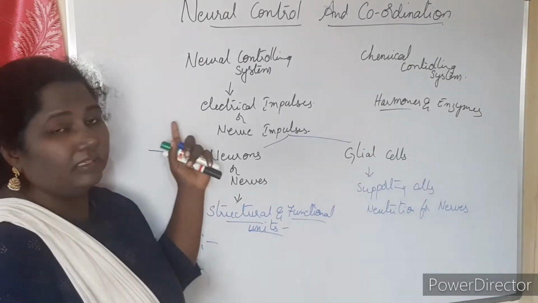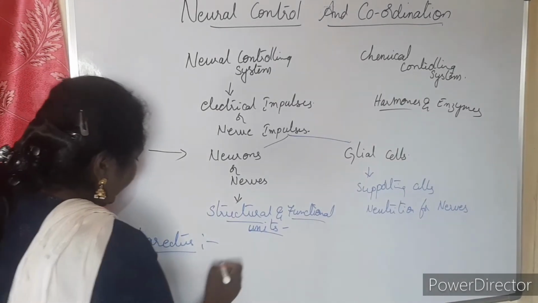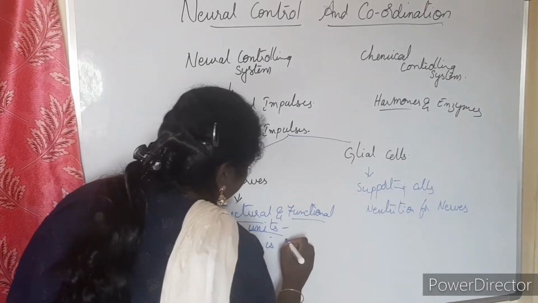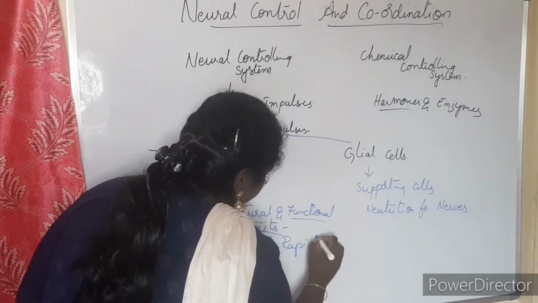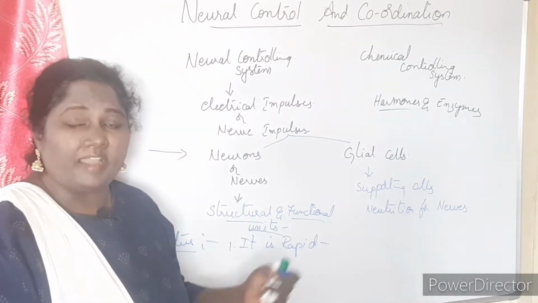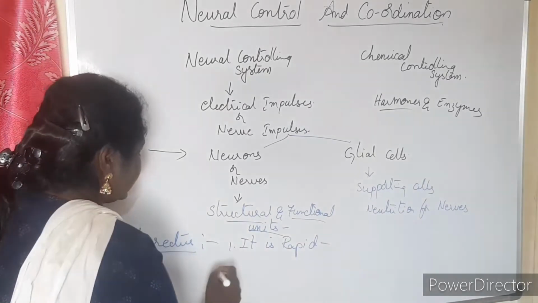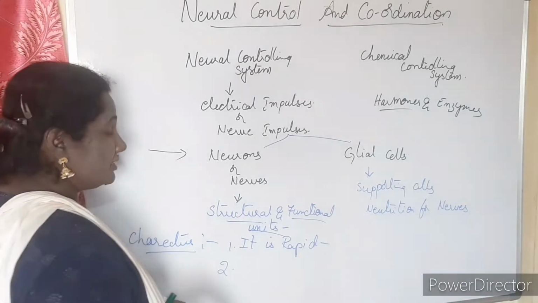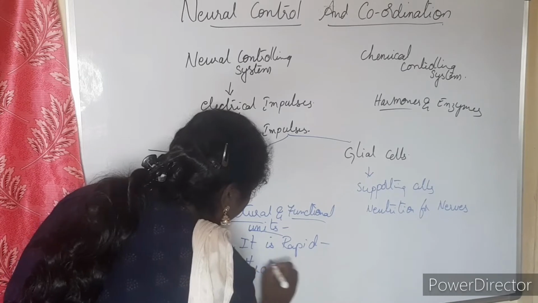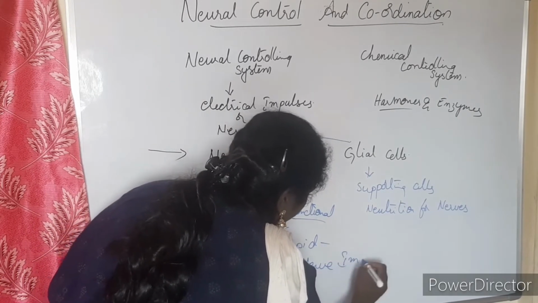Coming to the neural system, we will see what its main characteristics are. The first one is that the neural system is rapid. Rapid means it does its work very fast, so the transmission of impulses from one point to another is very fast. The second one is how the impulses move, which is through nerve impulses, as we discussed.